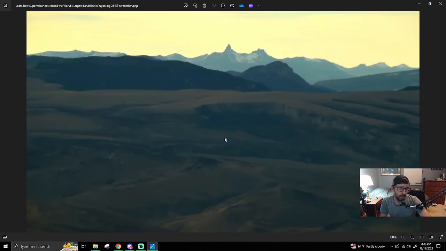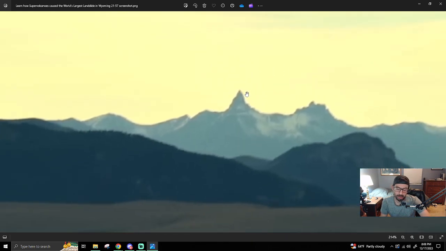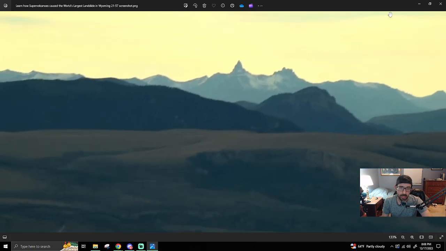Just some pictures. This one was crazy. I thought this was incredible. It's got a little point, down, point, down, point, down. It's like a chakra. Something peak. Pike Peak, maybe.